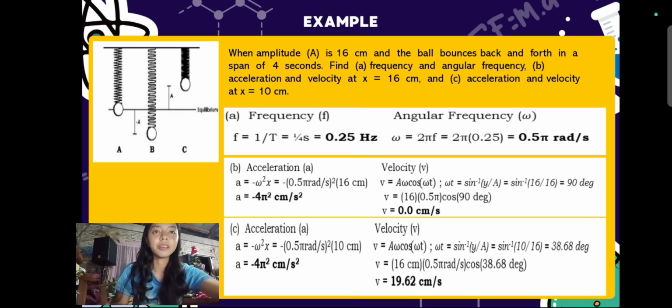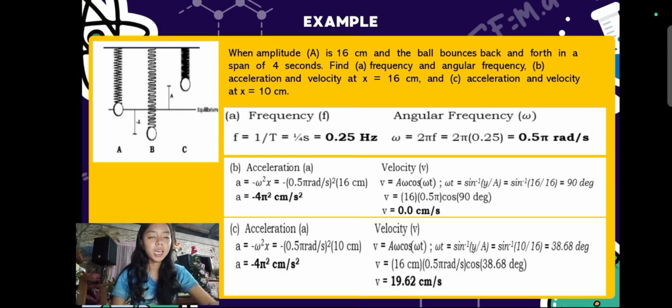Next is the acceleration. a equals negative omega squared x, equals negative (0.5 pi radians per second) squared times 16 centimeters. So the answer will be a equals negative 4 pi squared cm per second squared.